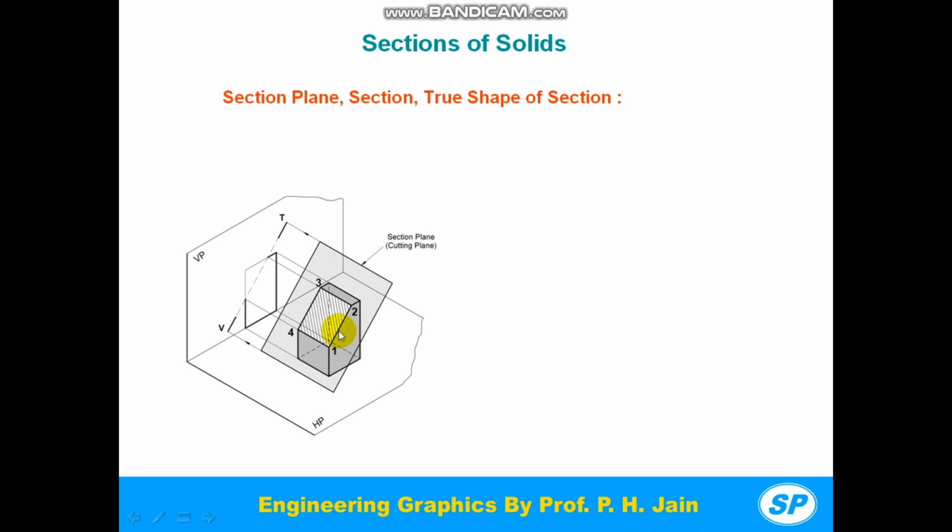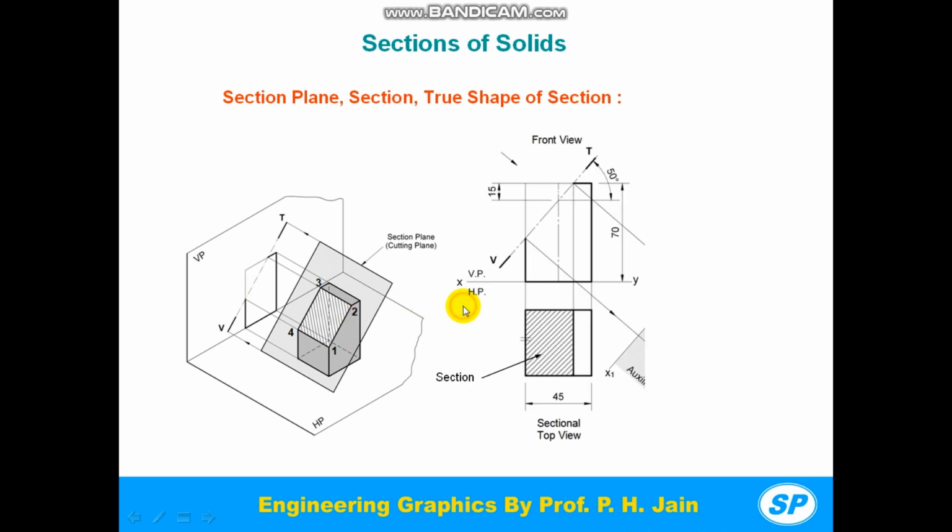The surface area of the prism where the cutting plane touches is called the section of the solid, and the true shape of this section is seen when we view it from a direction perpendicular to the cutting plane.